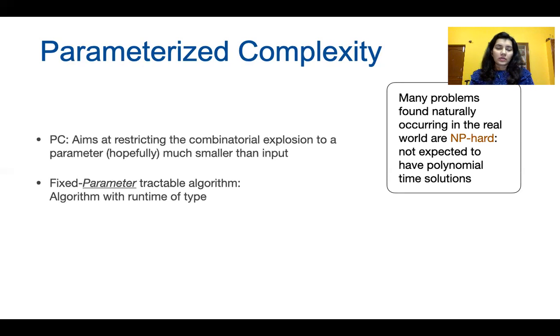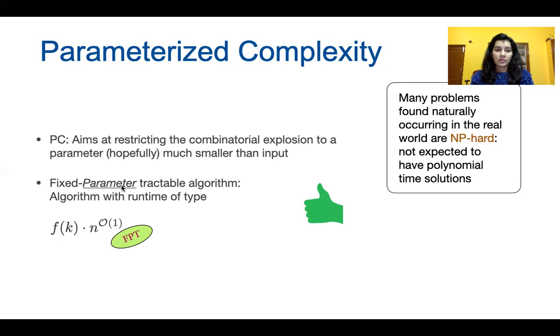We look for a fixed parameter tractable algorithm, that is, an algorithm with a running time of the type f of k times polynomial in n. If we have an algorithm of such a running time, we say that it is an FPT algorithm.